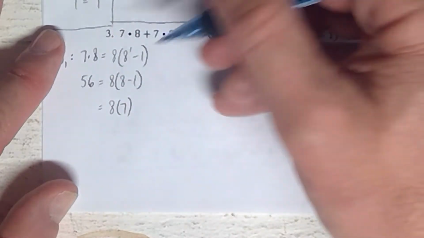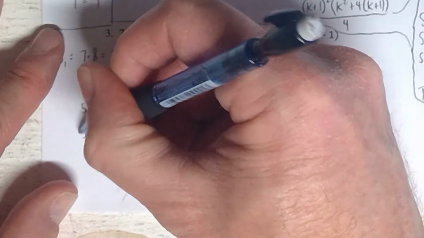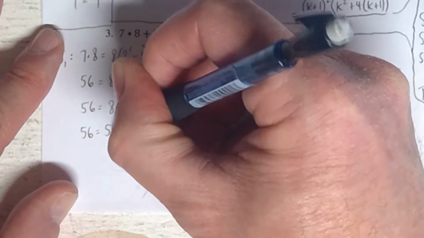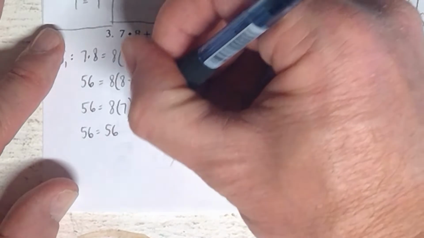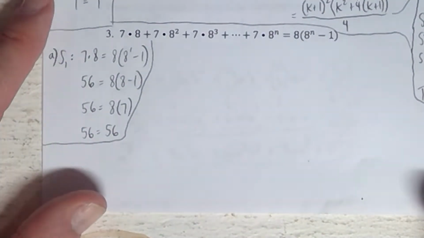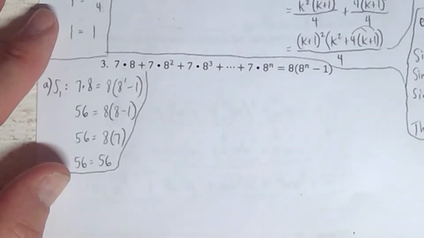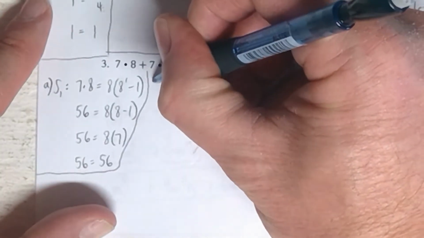There's no exponent there other than on the inside of the parentheses that we already dealt with. And so we end up getting 56 equal to 56. And so we have proven carefully step by step, so that a person that was otherwise unconvinced would now be convinced, the first statement.